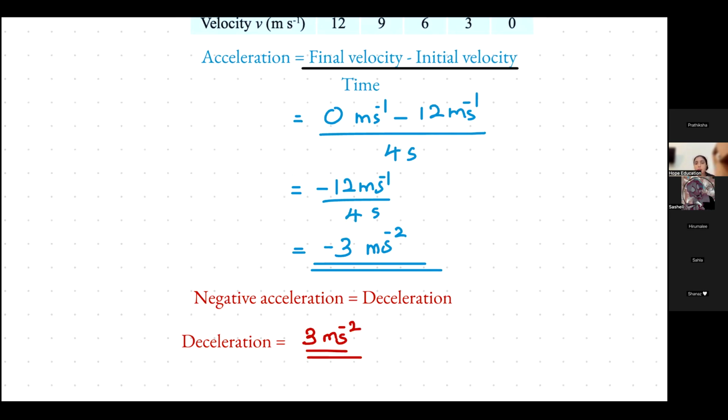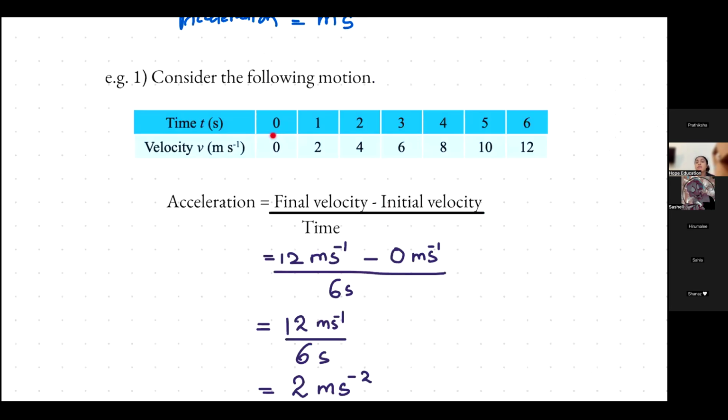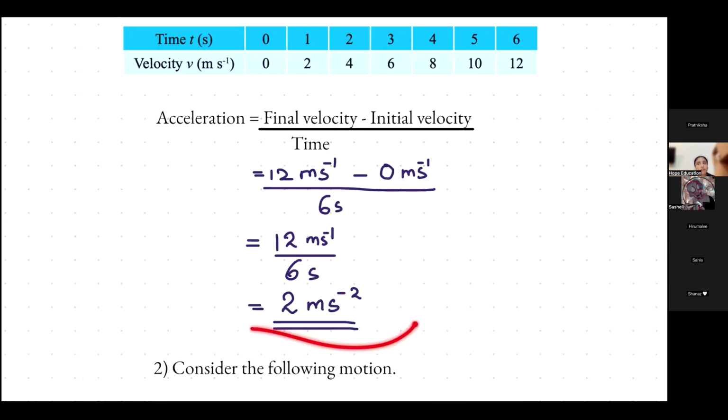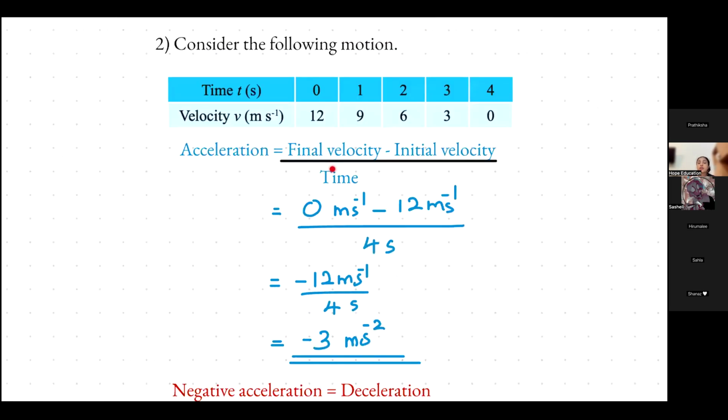Let me tell you one more time, Lamai, listen very carefully. In the previous example, as the time was increasing, the velocity was increasing, as if the driver stepped on the accelerator. Then the velocity will gradually increase. If we calculate the acceleration, the value is no problem. But here, as the time goes, the velocity is gradually decreasing. It's as if the driver stepped on the brakes. The velocity will slowly decrease, right?